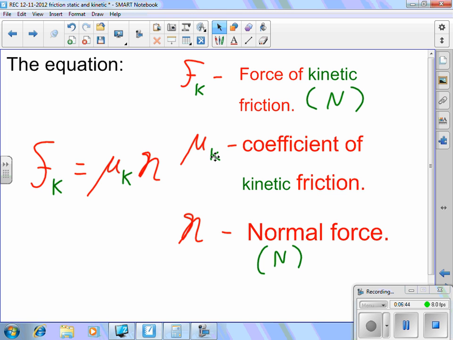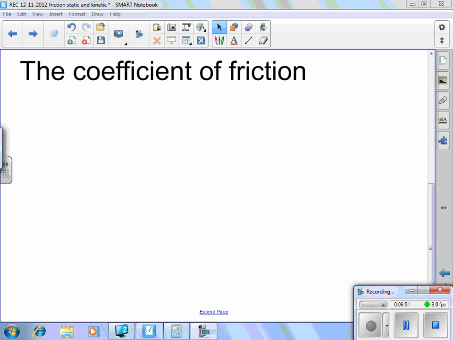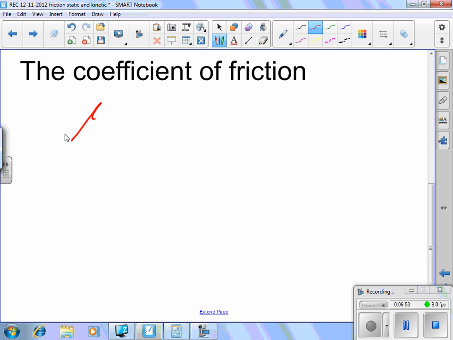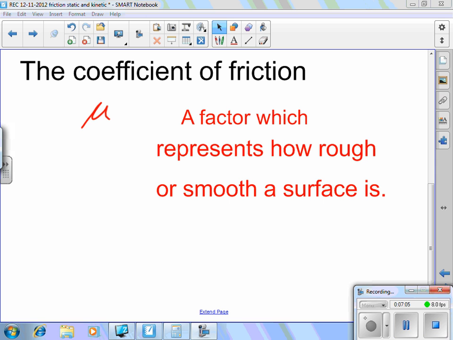The thing that changed is the coefficient, because the coefficient is different between static friction and kinetic friction. The coefficient of friction, mu, is basically a factor by which you multiply the normal force that represents how sticky or grippy a substance or surface is. So it's a factor which represents how rough or smooth the surface is.